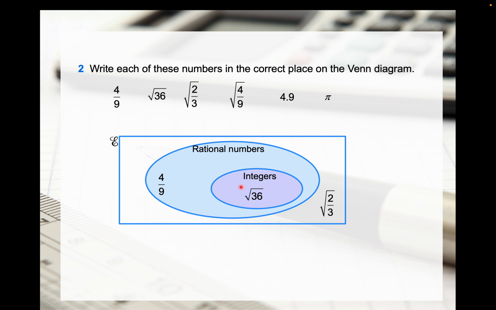Square root of 4 out of 9 is going to be rational, because it's 2 out of 3, since both 4 and 9 are perfect squares. And 4.9 is obviously rational, because we can show it as 49 out of 10. Pi is going to be irrational, outside of the rational and integer sets. So here we are done. If we know the definition well, this topic is going to be super easy for all of us.